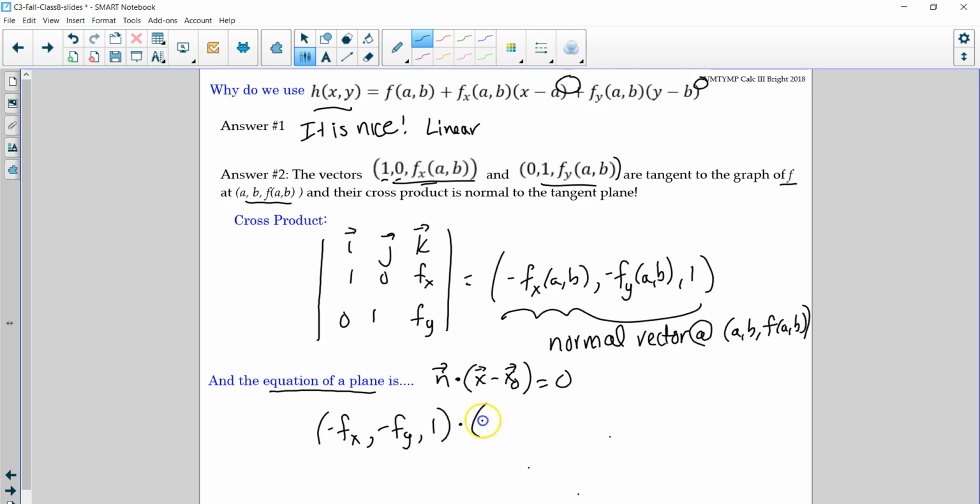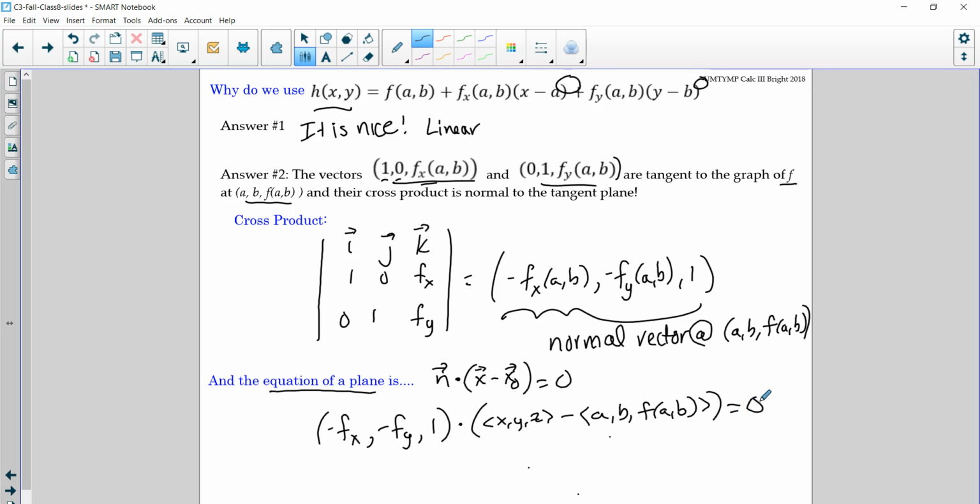Dot this with vector x, which we can write out since we're in 3 components, in angle brackets, x, y, and z, minus a, b, f(a, b), is equal to 0.